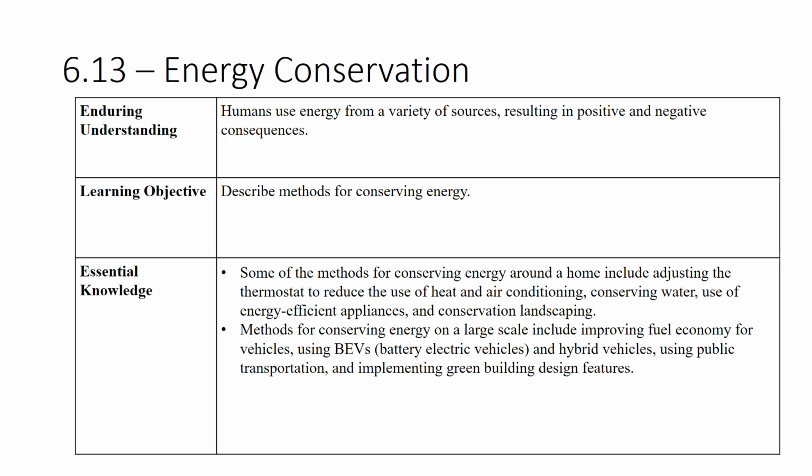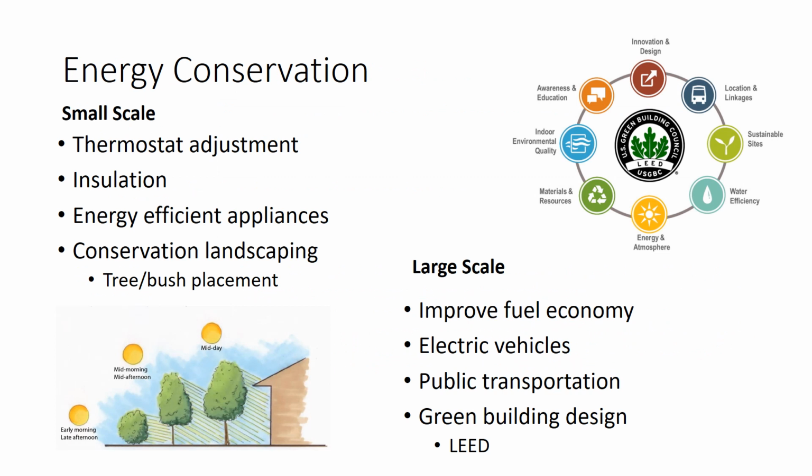On a small scale, at home, you can adjust your thermostat if you're not using heating and cooling costs. You can help your wallet and also help the environment. If you pop your thermostat up in the summer, to make it warmer, you're not using as much electricity to cool your house, right?